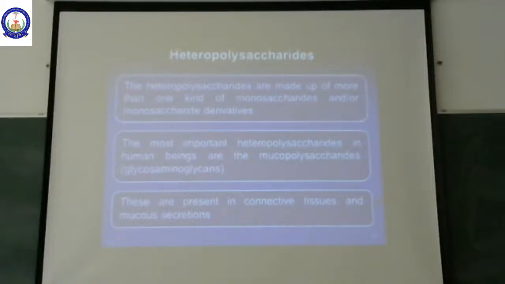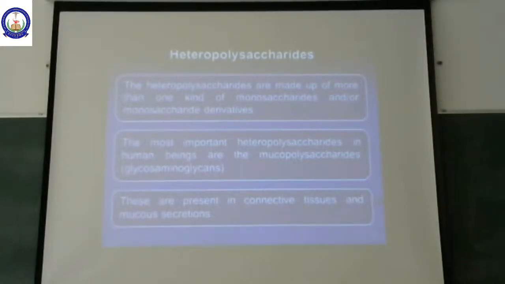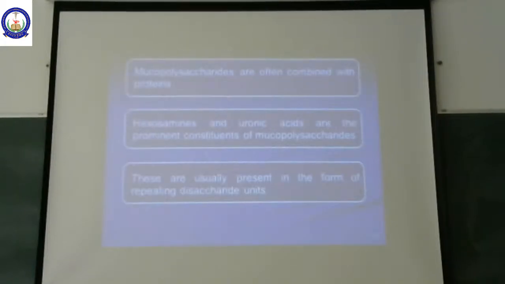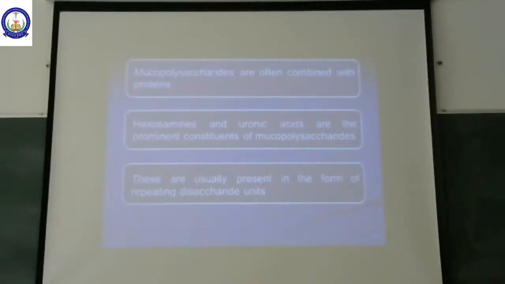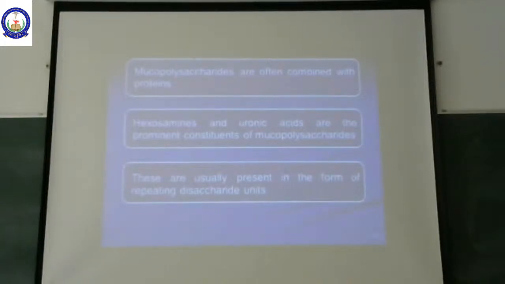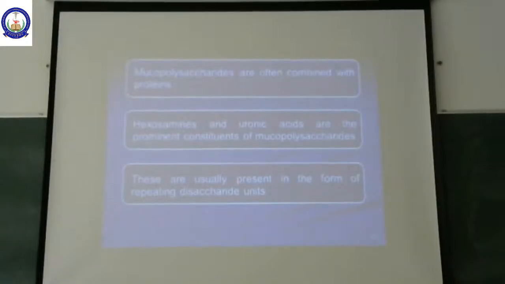The glycopolysaccharides are often combined with protein molecules. The three major macromolecules used as nutrition for the body are carbohydrates, proteins and lipids.